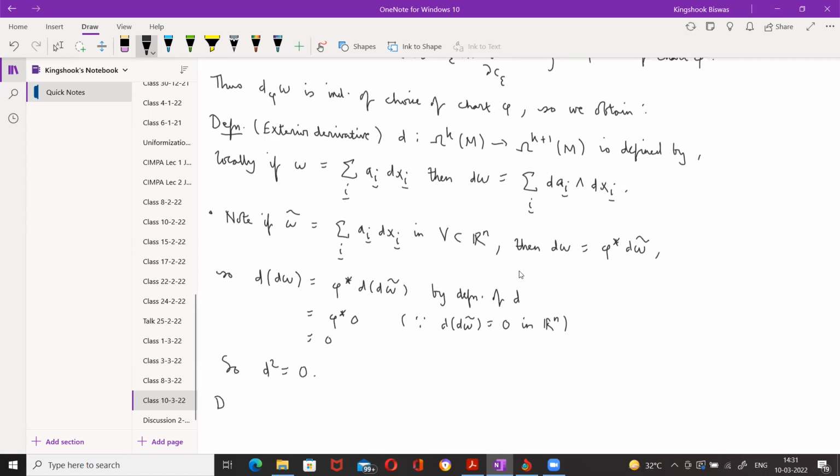So we define then: omega in Omega^k(M) is closed if d omega is 0 and exact if omega is d alpha for some k minus 1 form alpha.